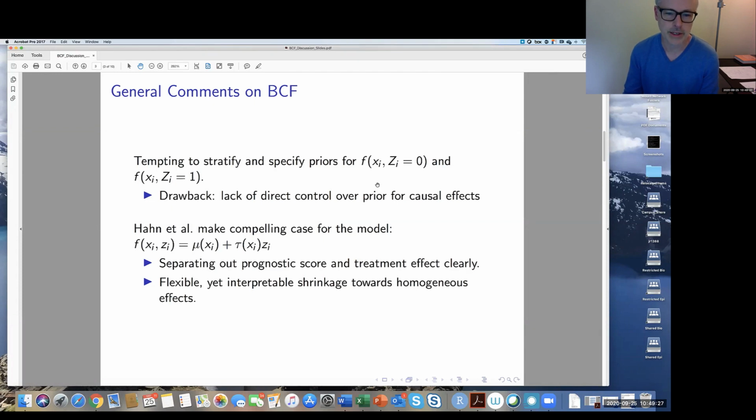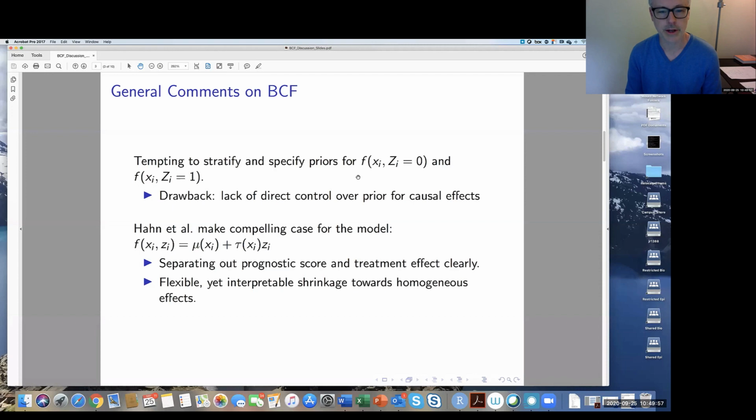I just wanted to start here with one of the main ideas, which has to do with writing it as a single function, a single model, instead of as stratified. When you have multiple treatment groups, it might be tempting to just stratify, fit these functions, and then use whatever covariate you're interested in and do the contrast to get a causal effect.